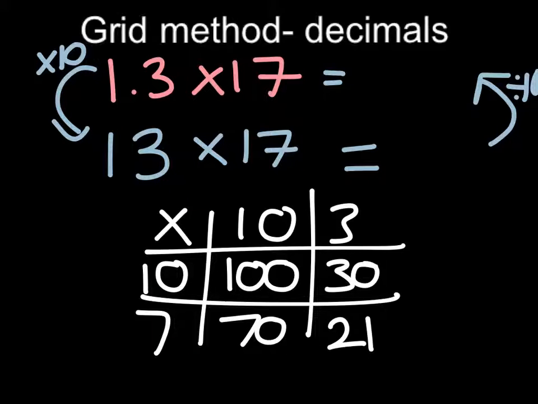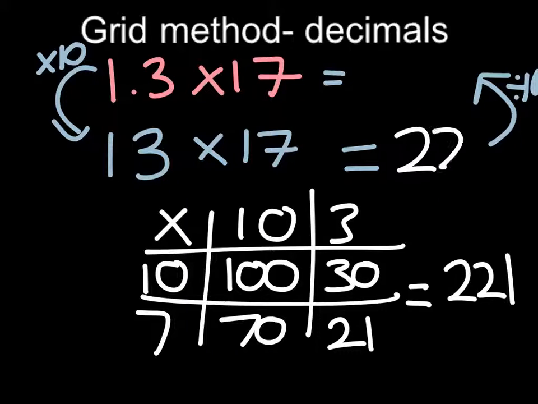You can add them up in a little place value table, or just add them up. 100 and 70 and 30 make 200, so 221. So the answer to 13 times 17 is 221. If we divide that by 10, it's 22.1.